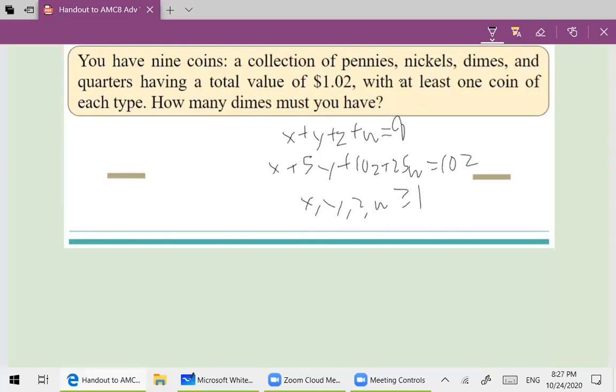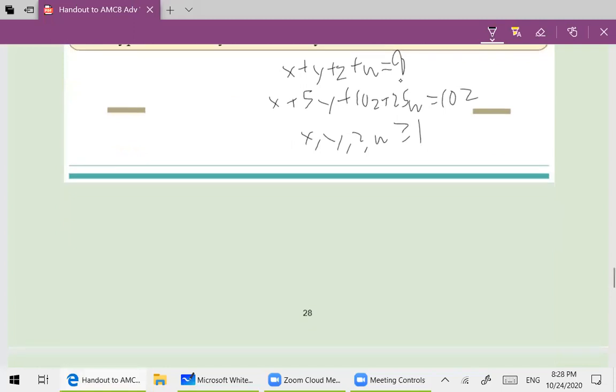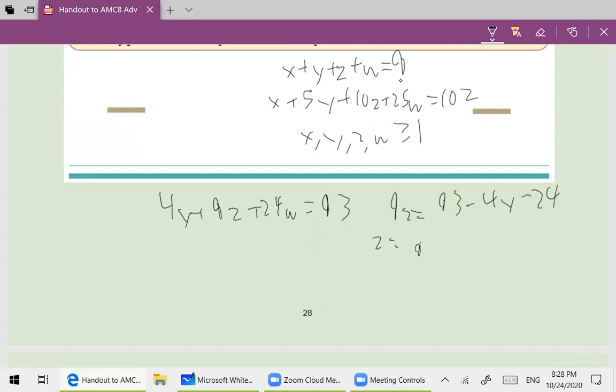So one way you can do this is by taking the difference of the above two equations, which leaves you with this. And so 9z equals 93 minus 4y minus 24w.